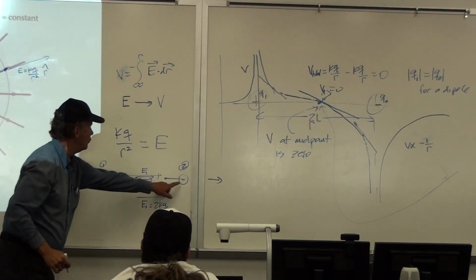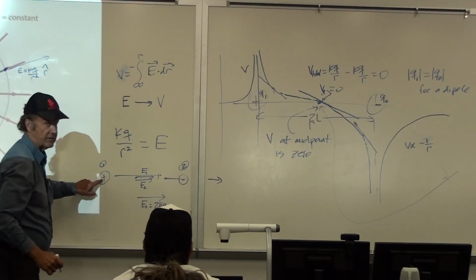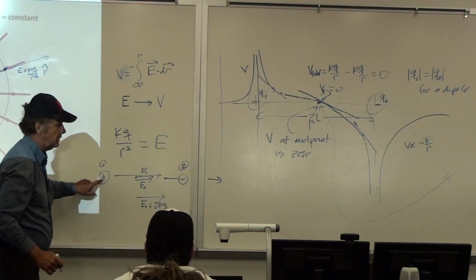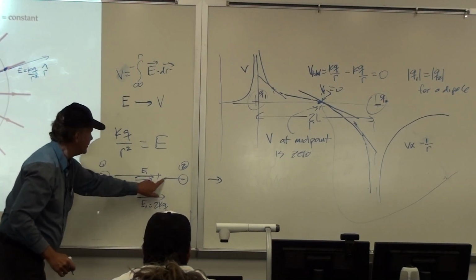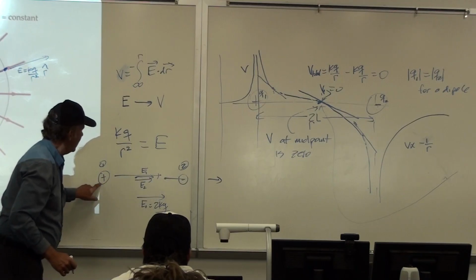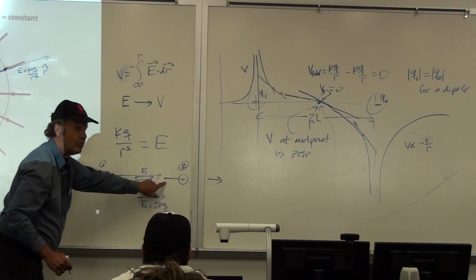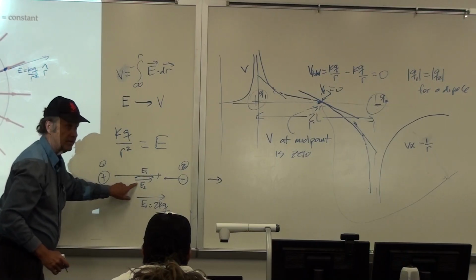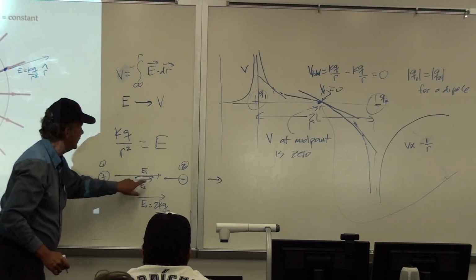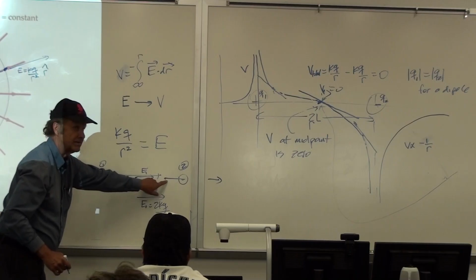Because you're closer to one, and that more than makes up for the fact that you're farther away from the other. If you're twice as close to this one, then it's 4 times the electric field for this one, but only 1/4 for that one, so you get 4 and 1/4 instead of 2 times that value. And so it's double by bringing it in twice as close, almost.